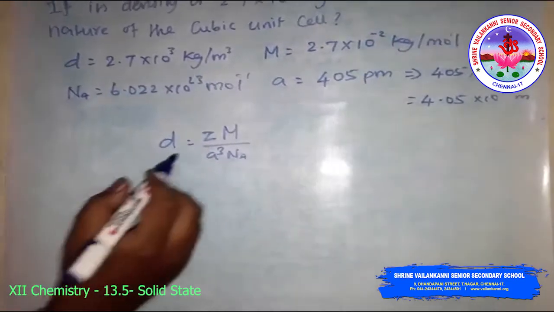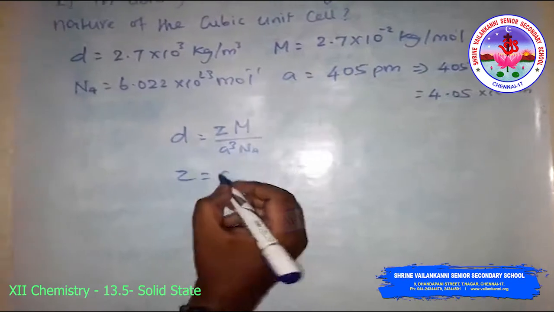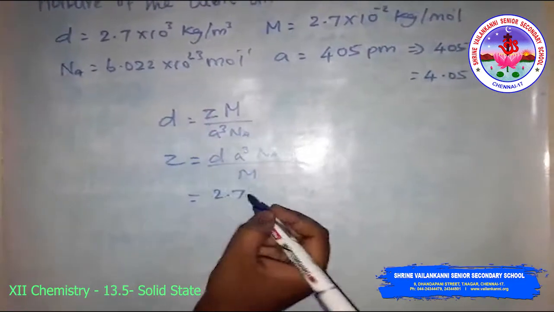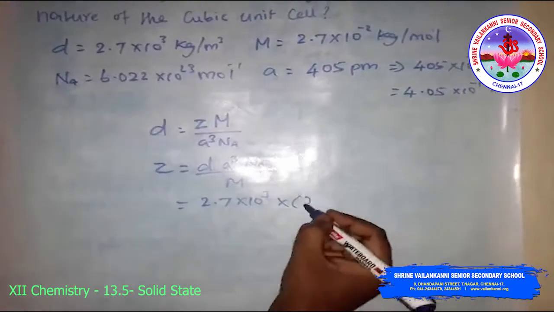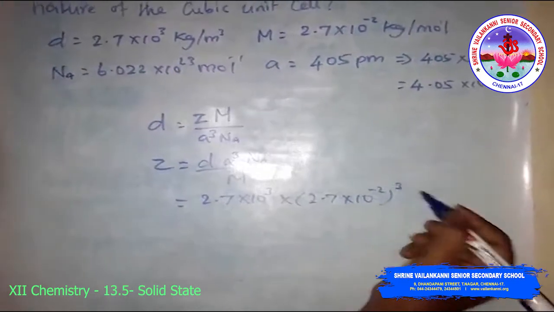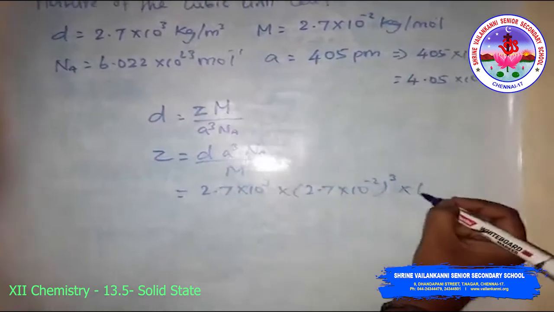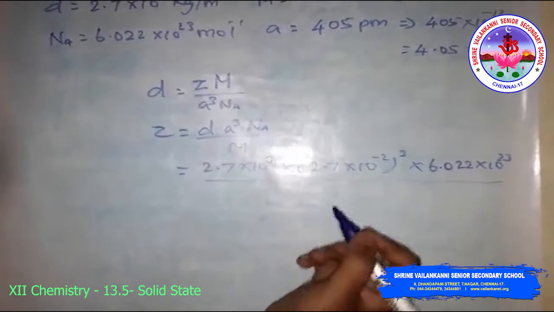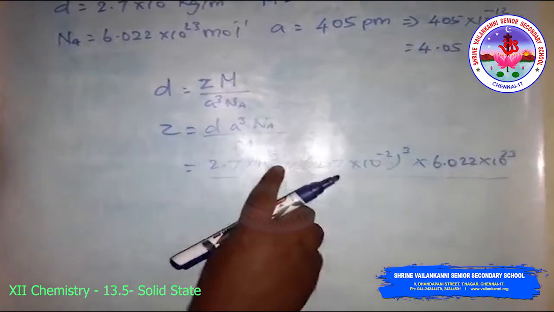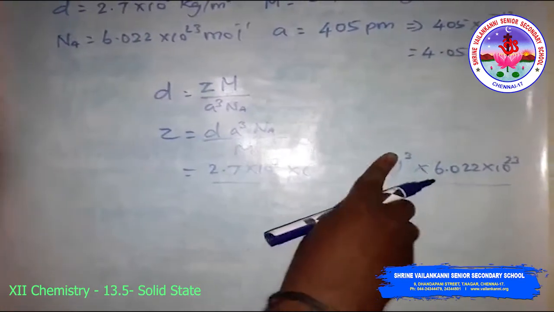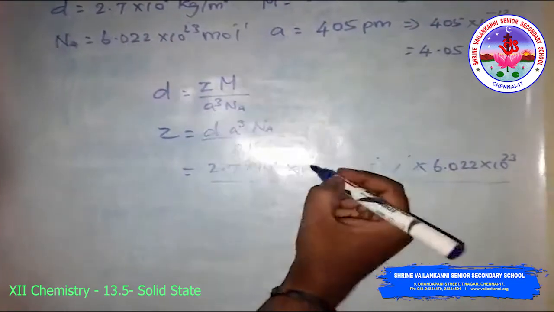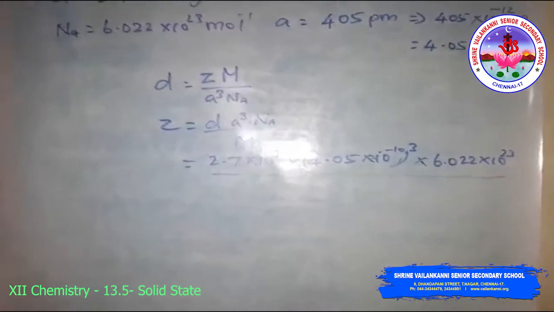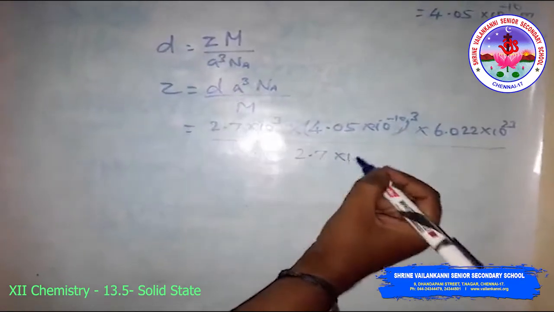We have to find Z. So Z is equal to d into a cube into Na divided by M. Now apply the values. Density d is 2.7 × 10^3. a cube is (4.05 × 10^-10) to the whole cube, I wrote it wrongly before. Na, the Avogadro number, is 6.022 × 10^23, divided by the molar mass M, which is 2.7 × 10^-2.